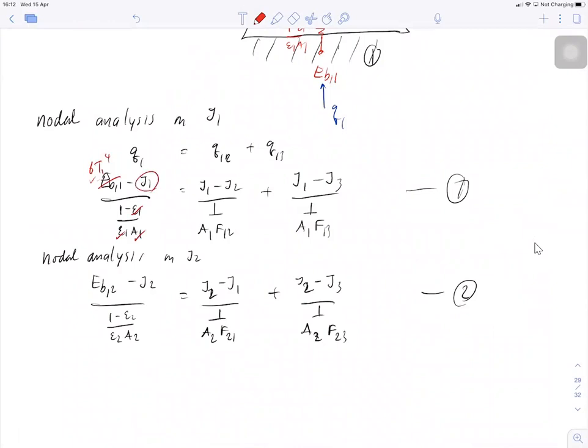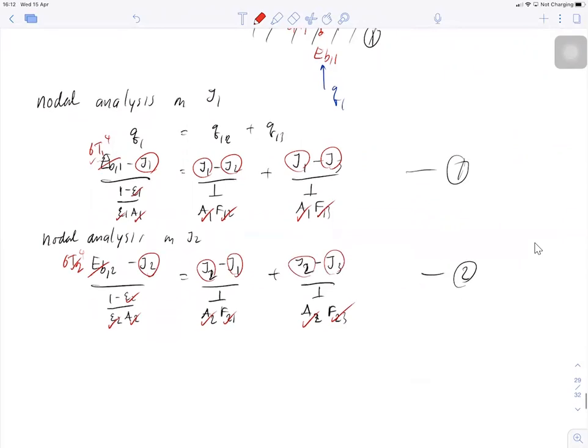You don't know J. EB2 is sigma T2 to the 4th. You know epsilon 2, you know A2, you know T2. So all you have to do is plug the numbers in. You don't know J1, J2, and J3.